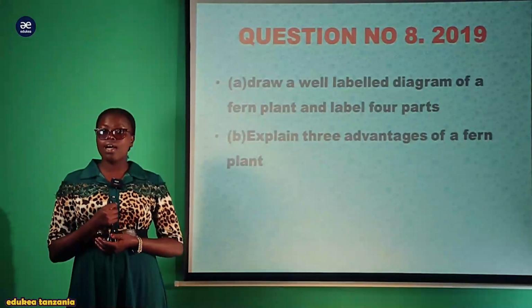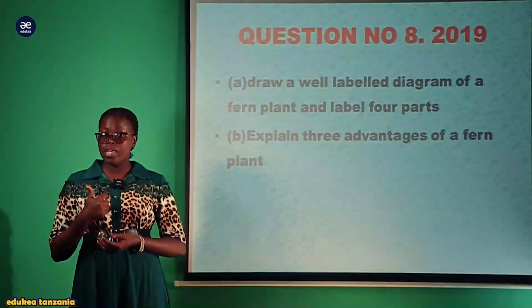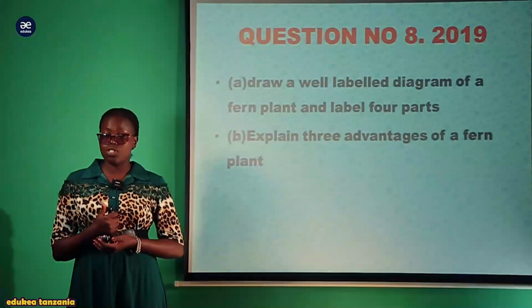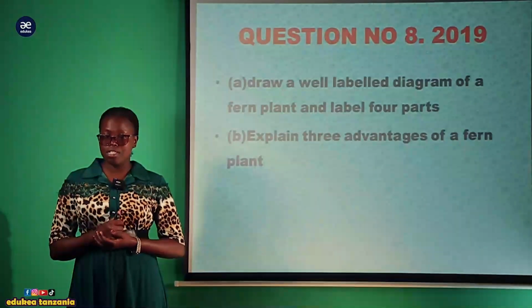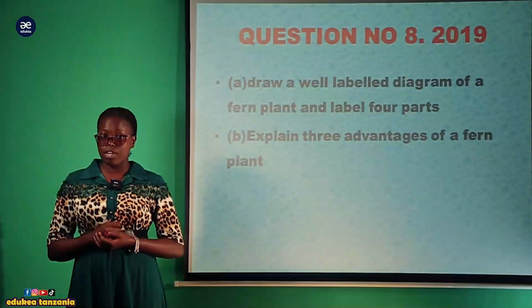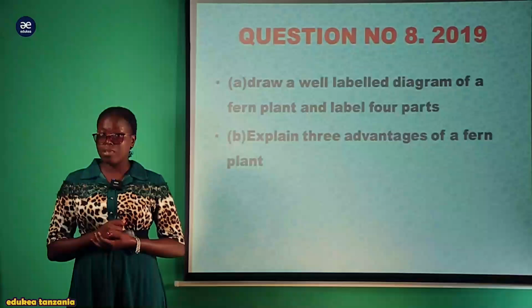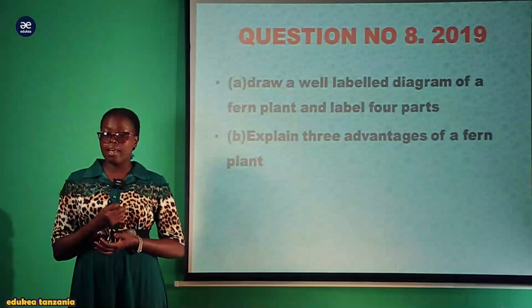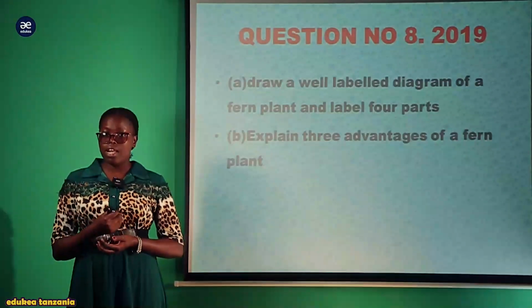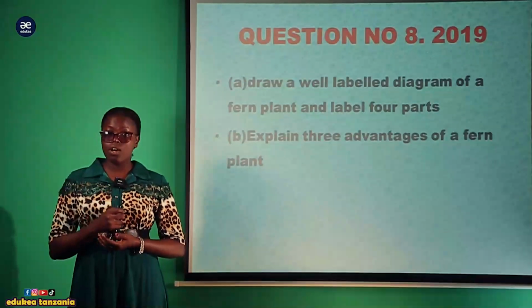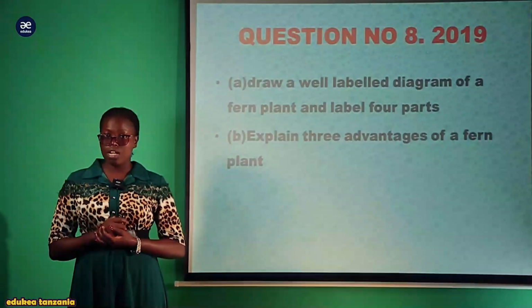After that, you are also needed to be aware of the economic importance of the members of division Filicinophyta, especially the fern, as one of the representative members within the division. Once you talk about the economic advantage, this means the advantages and disadvantages. Anything that has an advantage also has disadvantages. So now welcome to see how this question can be answered.